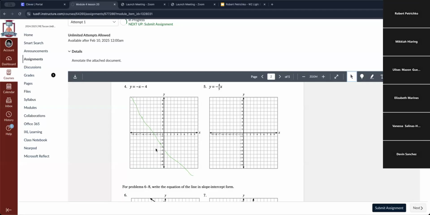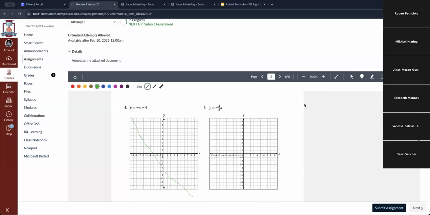Okay. So then for five, there's no B there. There's no y-intercept. I can't see it. So it's y equals -4/5 x plus B. So there's no y-intercept.